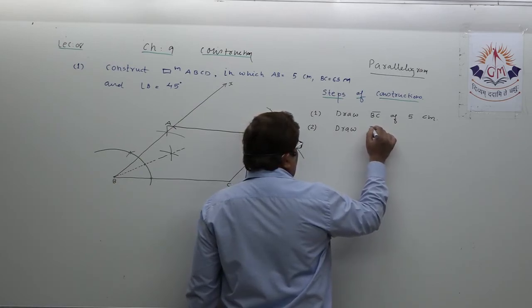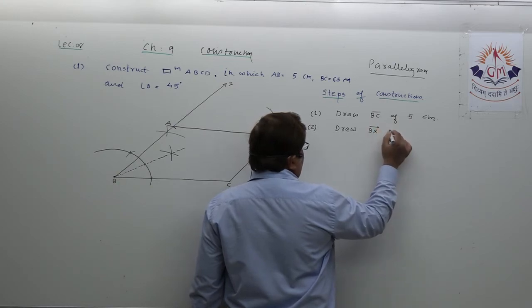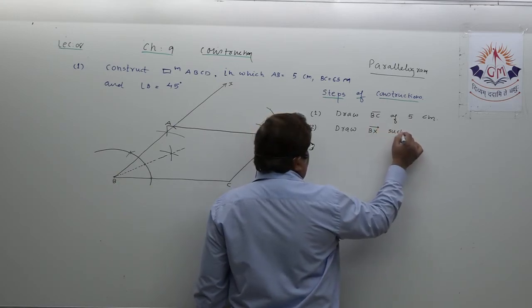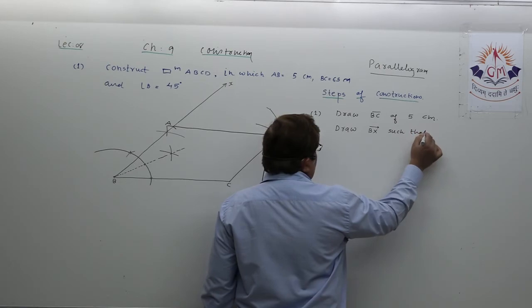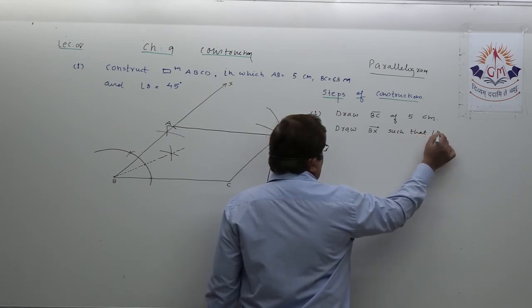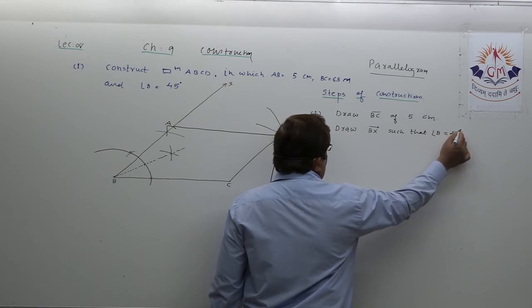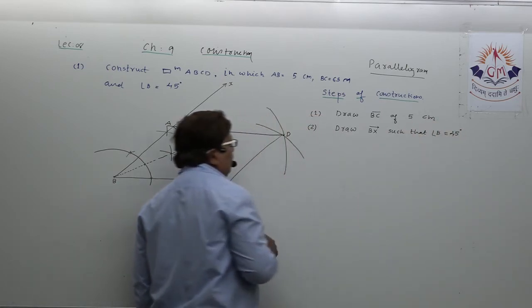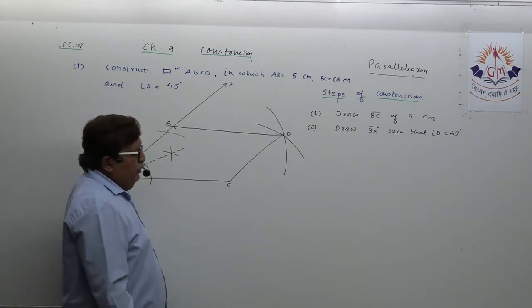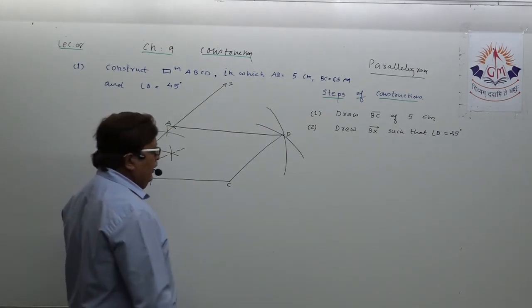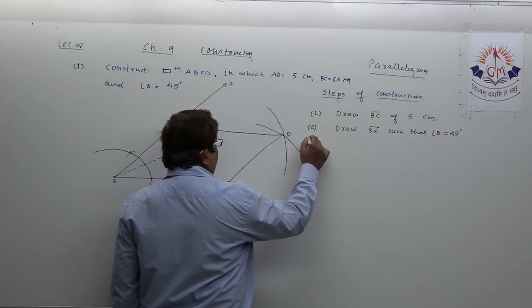Draw ray BX such that angle B equals 45 degree. Very important step to remember as well as understand.